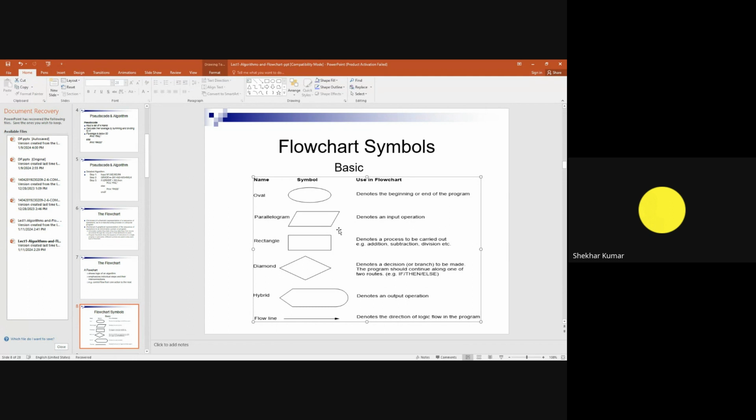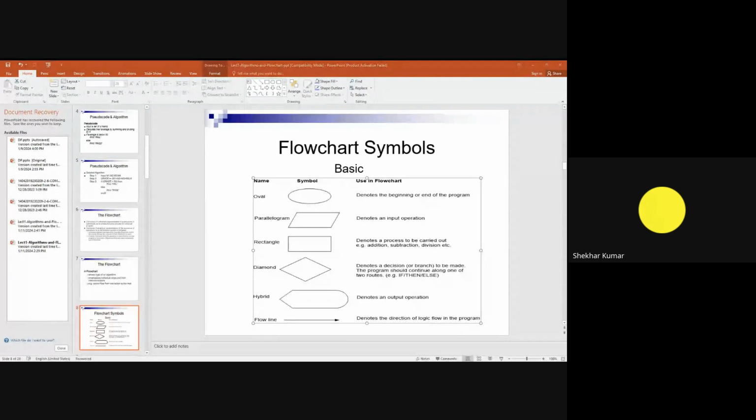The next symbol is the rectangle symbol. This symbol is used for processes and operations. These operations will be addition, subtraction, division. For such operations, we use the rectangle symbol. Then the next symbol is the diamond symbol.